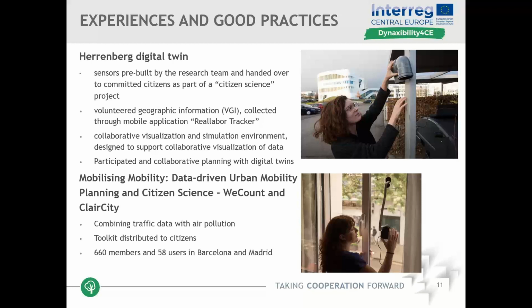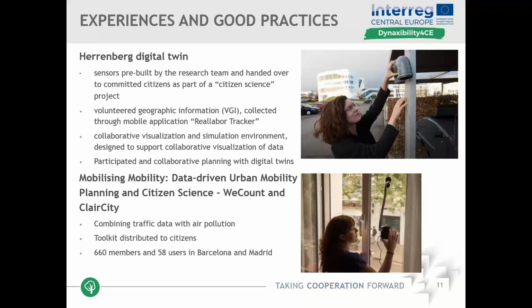The first one is the development of a low-cost pre-built sensor in order to collect a range of data on air quality, traffic, etc. The second one is the application of a volunteer geographic information, the development of an information system called the Reallabor Tracker, which is basically an app which collects visual information on mobility infrastructure, etc. The third one is the development of a visualization and simulation environment, basically the interface.